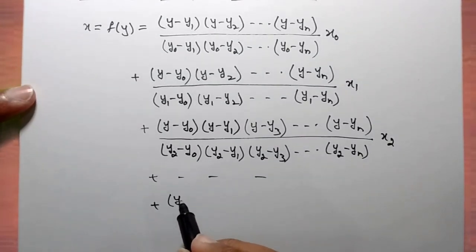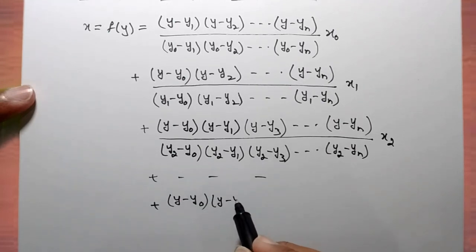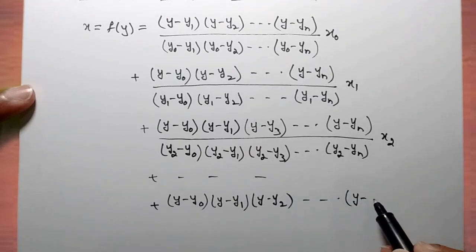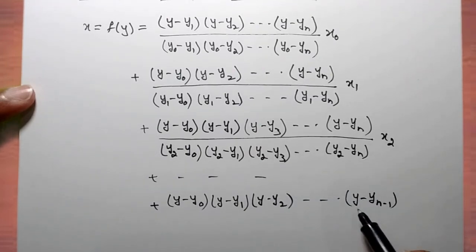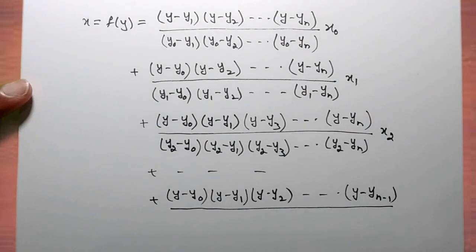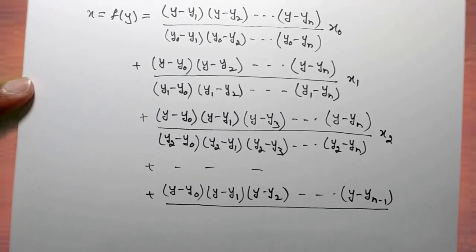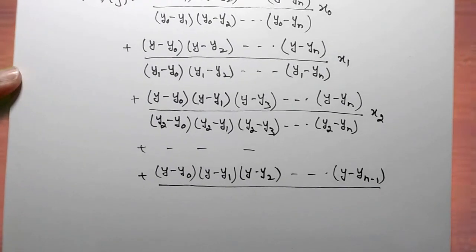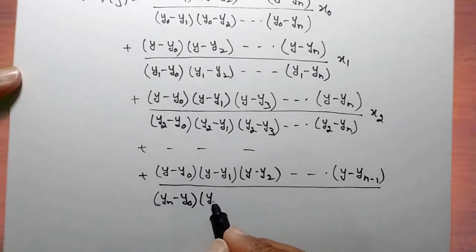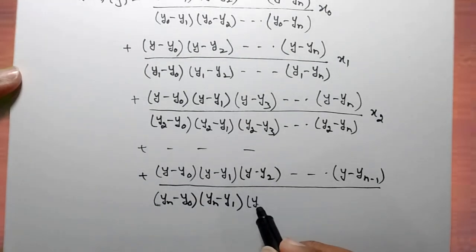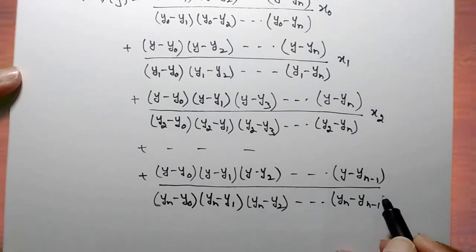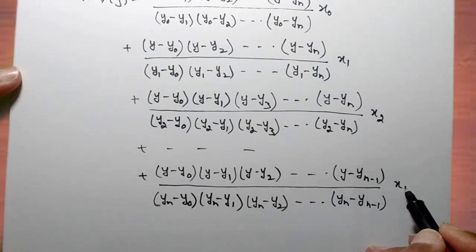I'll write down the last term: y minus y0, y minus y1, y minus y2, and so on. The last term yn will be missing, so before that you will be getting y minus y(n-1), whole divided by. Because yn is missing, in place of y you have to replace the value as yn. So we'll be getting yn minus y0, yn minus y1, yn minus y2, and so on, yn minus y(n-1). The corresponding value of x will be xn.